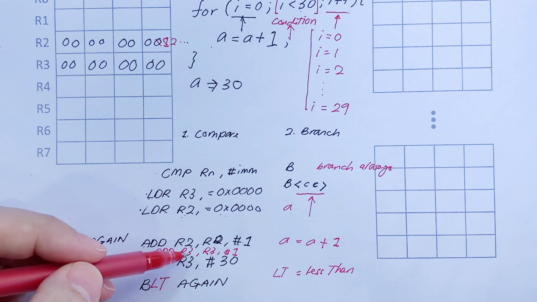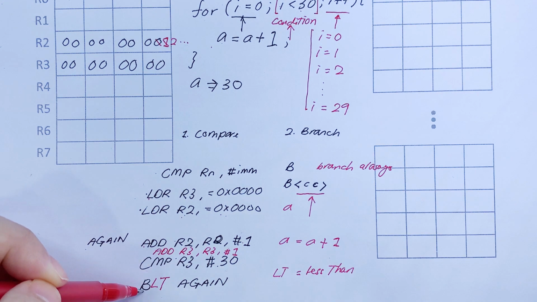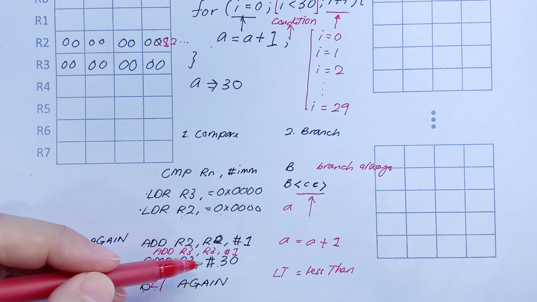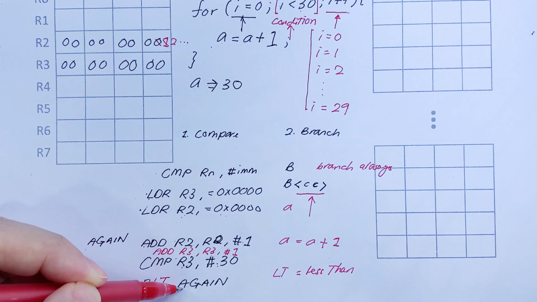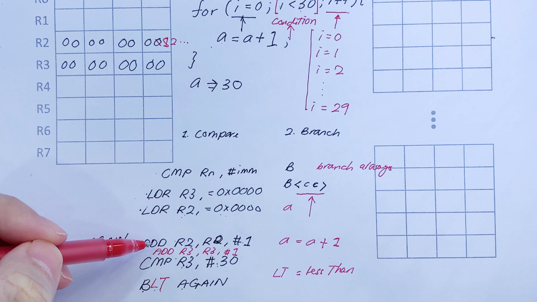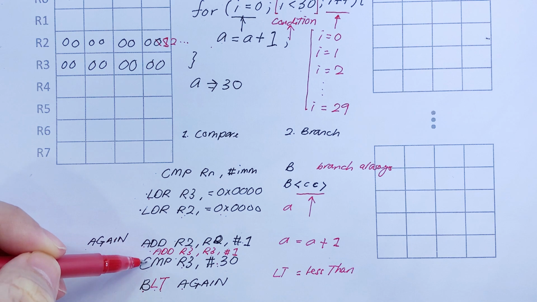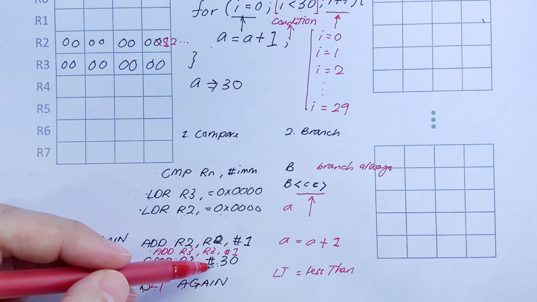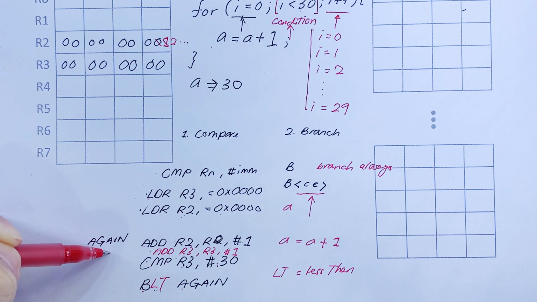So we compare R3 with this value 30, and as long as R3 is less than 30, we're going to branch to again, which is there. And the things are going to be repeated. You add 1 to R2, you add 1 to R3, you compare whether R3 is less than 30. If yes, then you're going to branch.